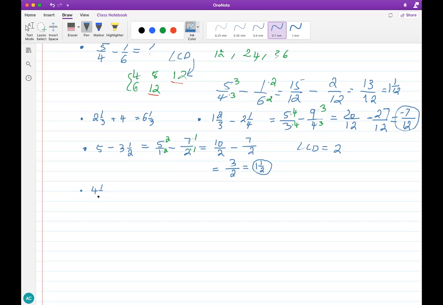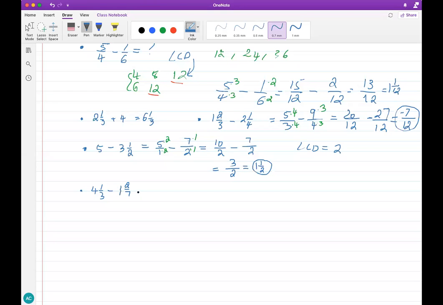Say 4 and 1/3 minus, and maybe 1 and 2/7. Okay, subtraction of mixed numbers.